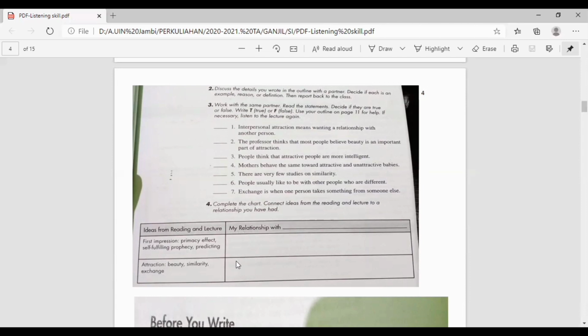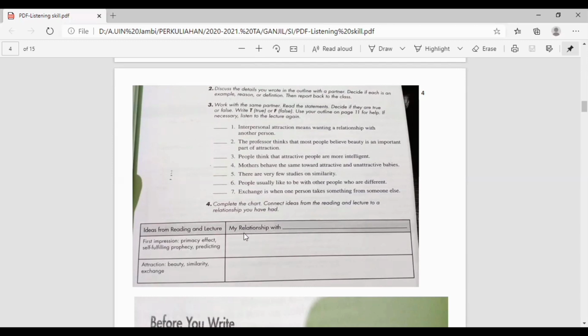Your own experience in your life related to relationship. Yeah. For example, ideas from reading and lecture. For example, your first impression, its primary effects of fulfilling, proficiency, or predicting, or attraction, beauty, similarity, or exchange. Now, can you figure out your own relationship with someone else, maybe with your teacher?